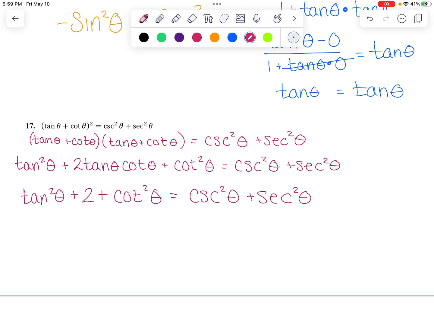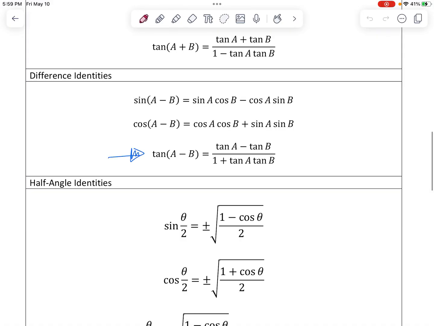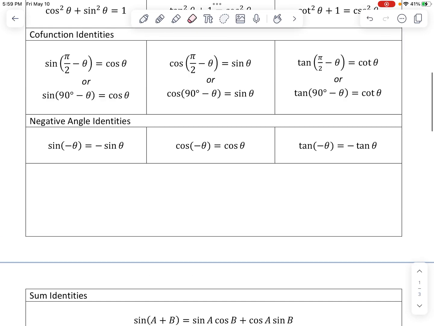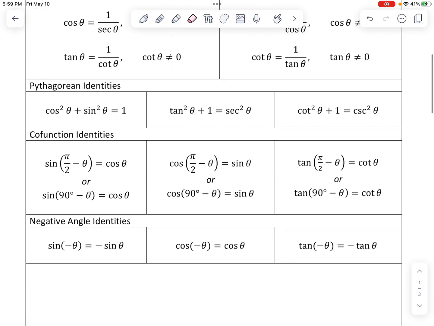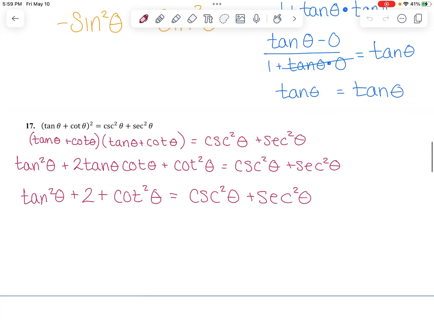cosecant squared theta plus secant squared theta. Now I see tangent and cotangent squared getting added to things. They're not in a Pythagorean identity together, but I do notice that in their individual Pythagorean identities, tangent squared is getting added to 1 and cotangent squared is getting added to 1.